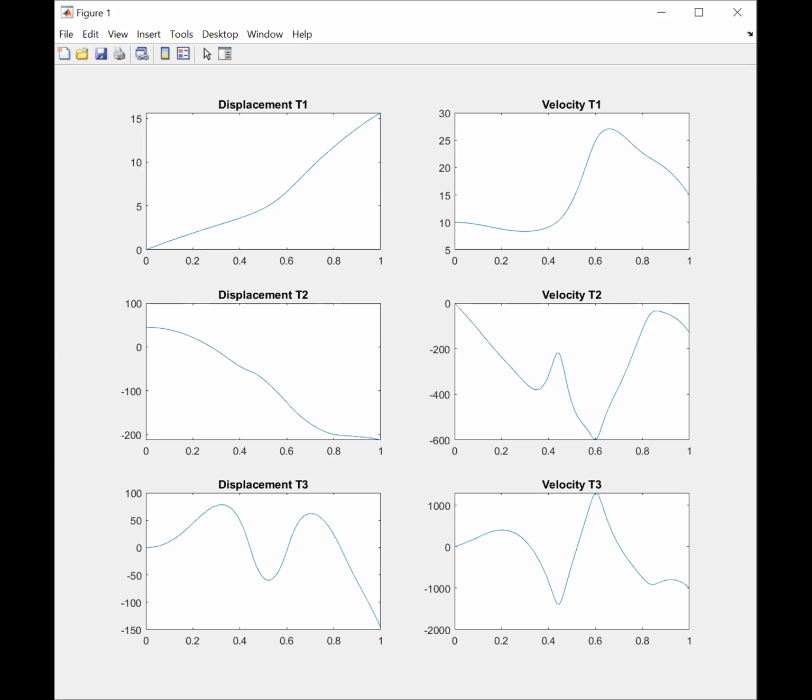Displacement theta 2, again, starts with 45 degrees and goes all the way up to minus 200. Displacement theta 3 starts with 0 and goes all the way to minus 150. And you would see this type of behavior. You will see in velocities, theta 1 dot is minus 10, is sort of oscillating, going back and coming back, going up, coming down.